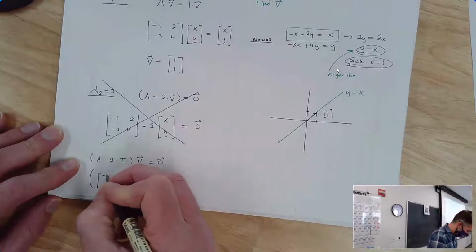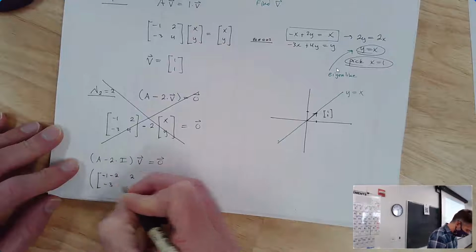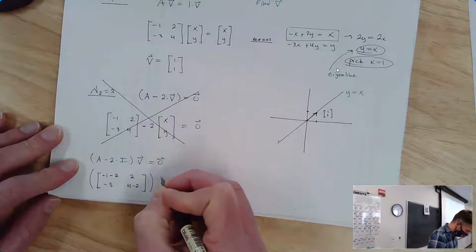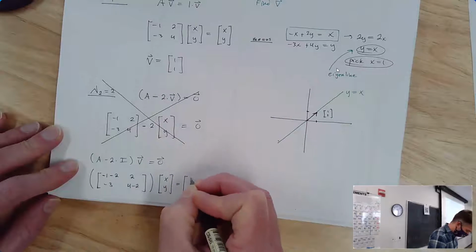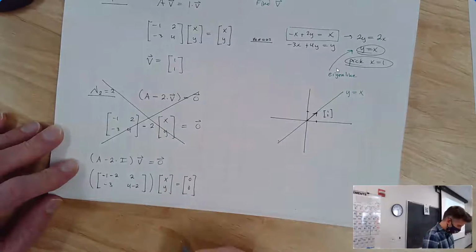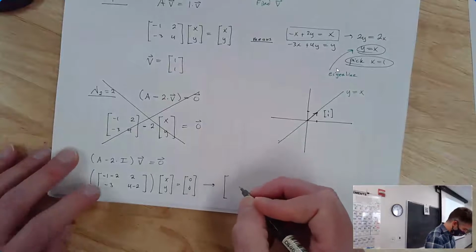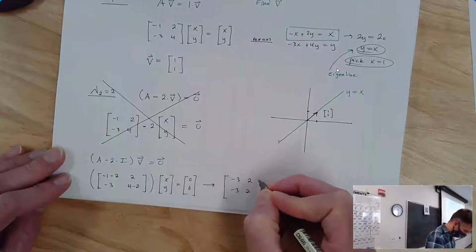So it should be -1 minus 2, 2, -3, and 4 minus 2, times v, which I don't know, equal to the 0 matrix. So then I'm going to simplify a little bit. That's going to be -3, 2, -3, 2.